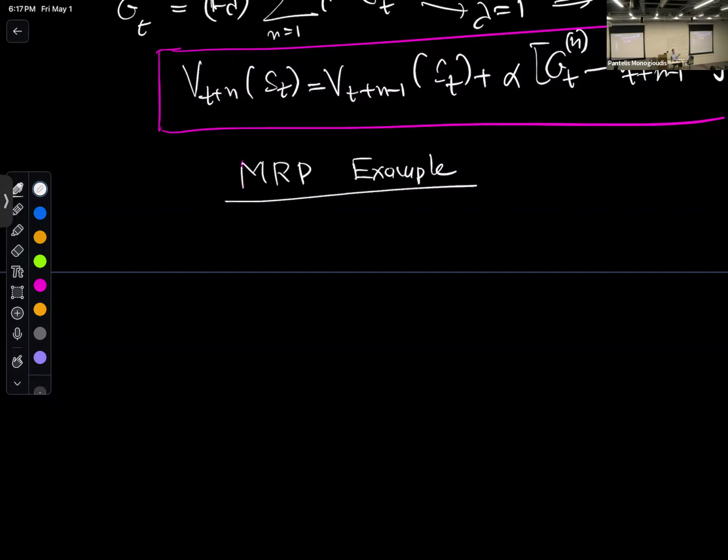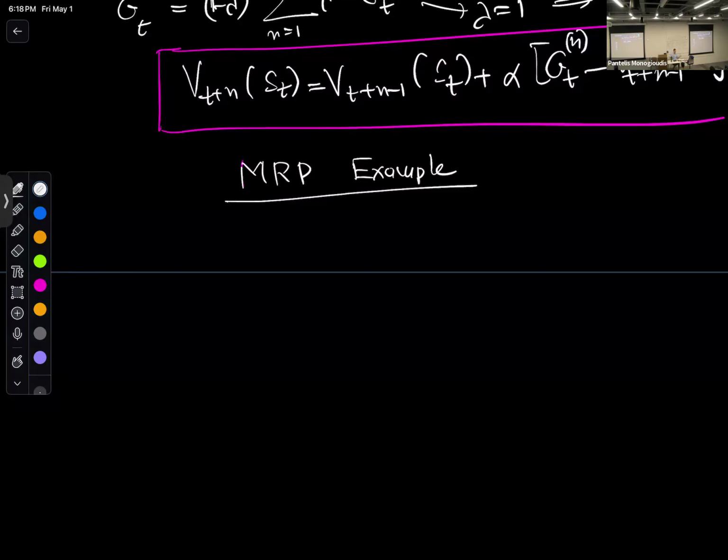The reason why we are going back to Markov reward processes is that we can estimate clearly all expectations. Therefore, we can see exactly the value of every state, the exact solution, and how the Monte Carlo approaches that exact solution.